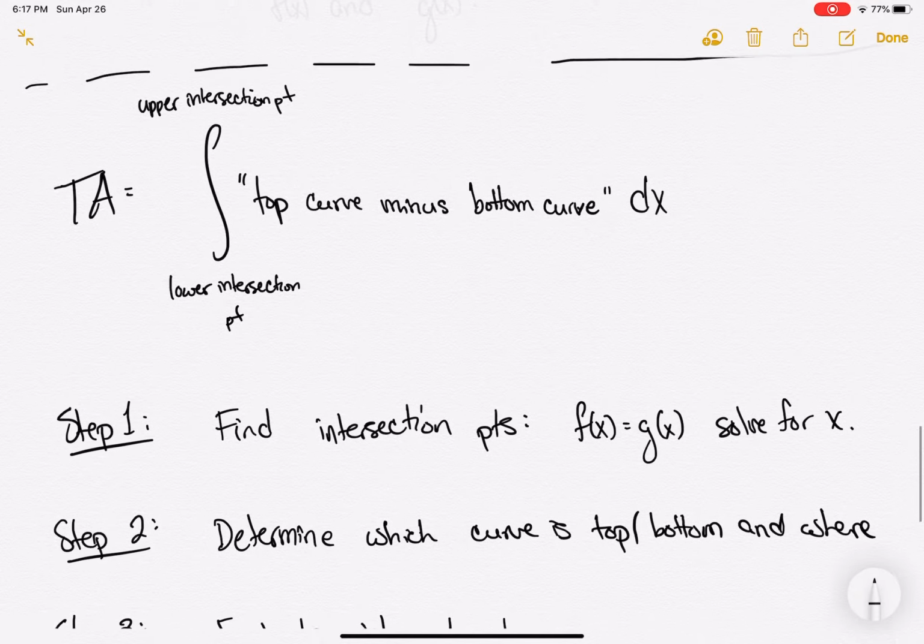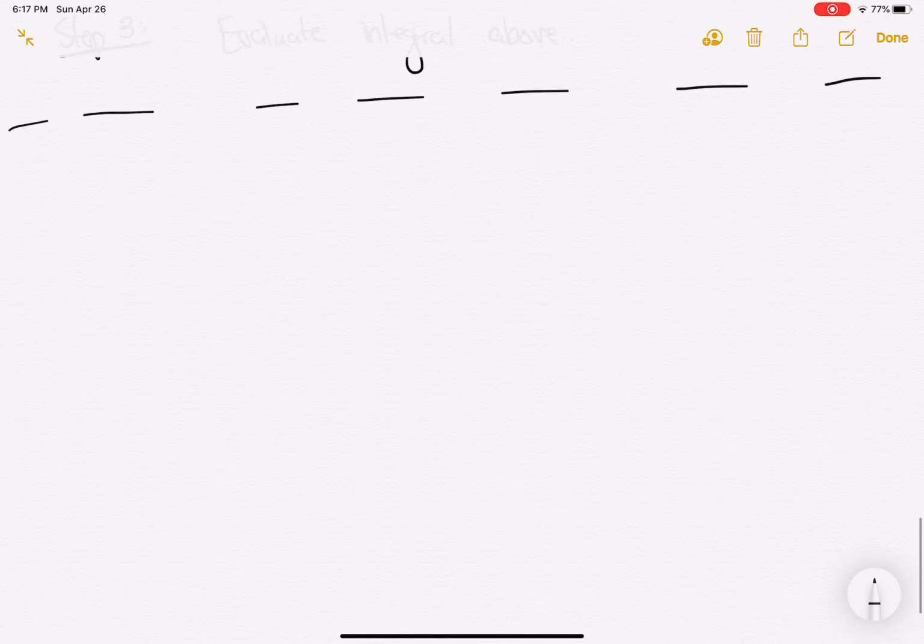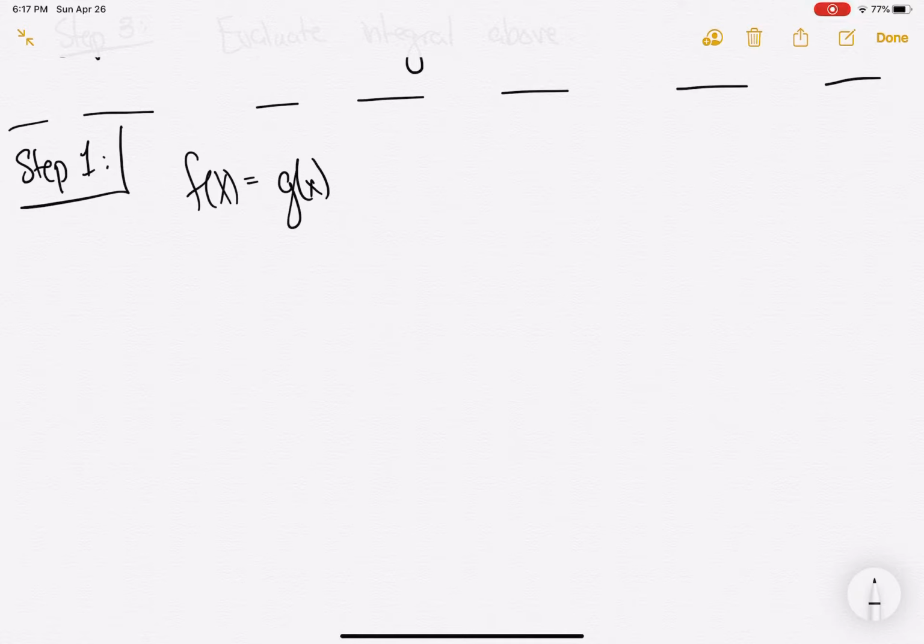All right, so let's just do step 1, find the intersection points. So we just set f of x, which is x, equal to g of x, but that's the same as saying x equals x square root x squared plus 1 divided by 5.